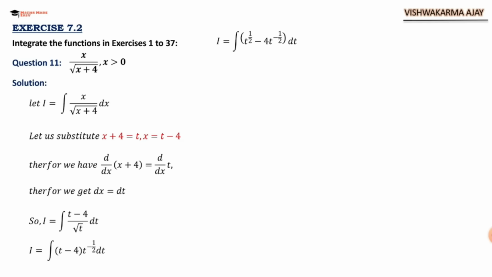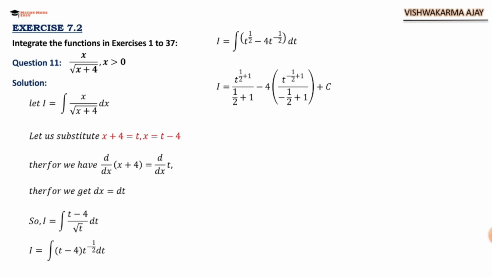Let's see what happened with that. So t minus 4, t times t to the power 1 upon 2, that is t to the power 1 times t to the power minus 1 upon 2. By law of indices, this becomes t to the power 1 upon 2, and similarly with 4 there is nothing, so we can write t to the power minus 1 upon 2.